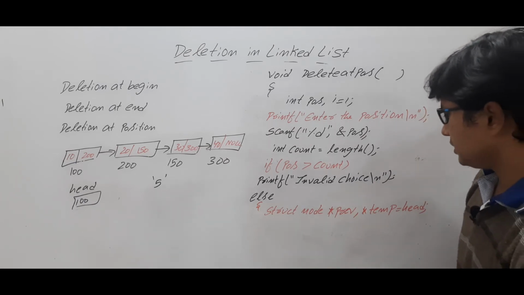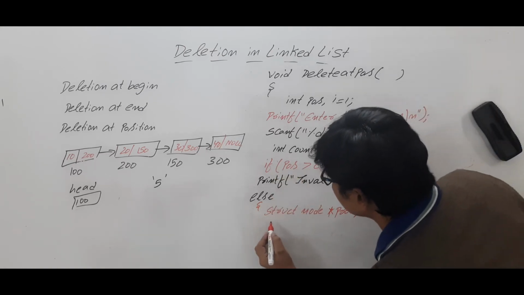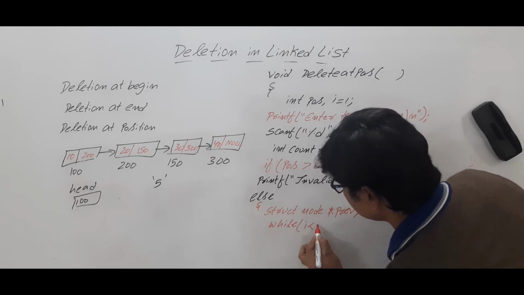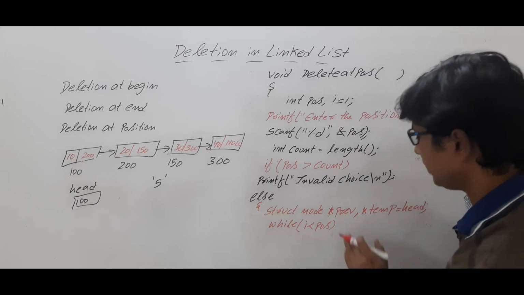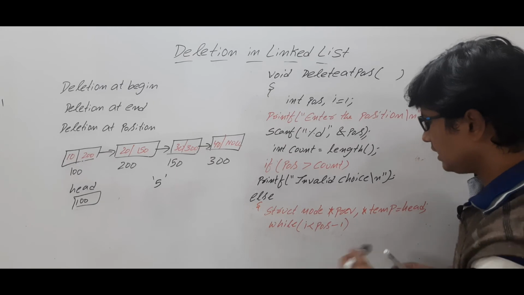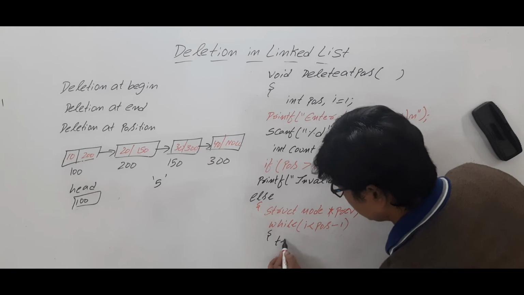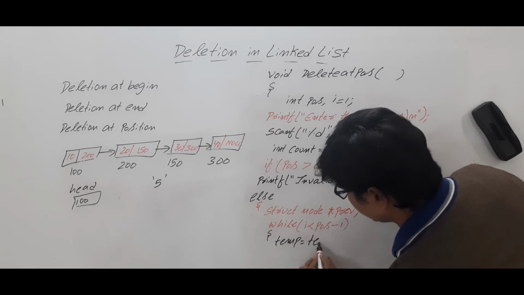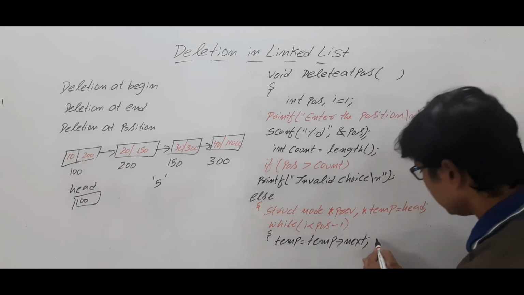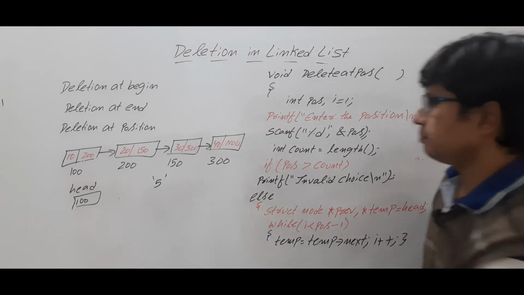Now what I will do is while I less than position -1, that is important because you need not traverse up to that node. While I less than position -1, temp is equal to temp of next, I plus plus. I will discuss what will happen with an example.